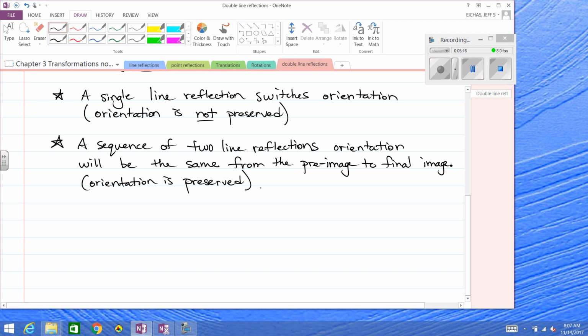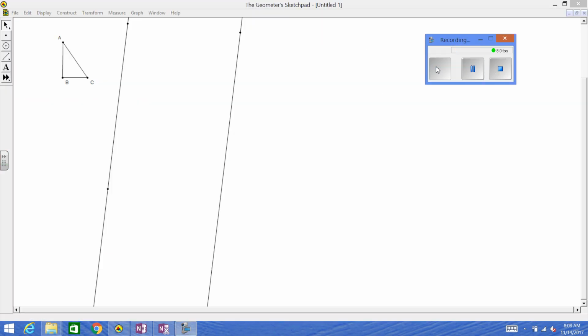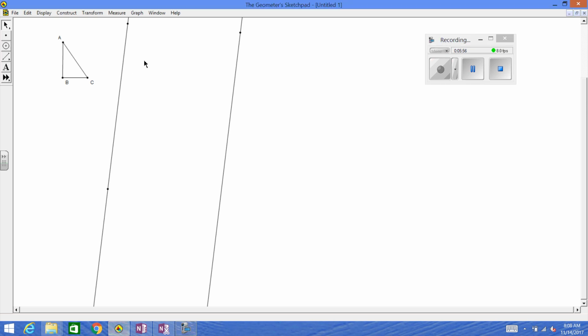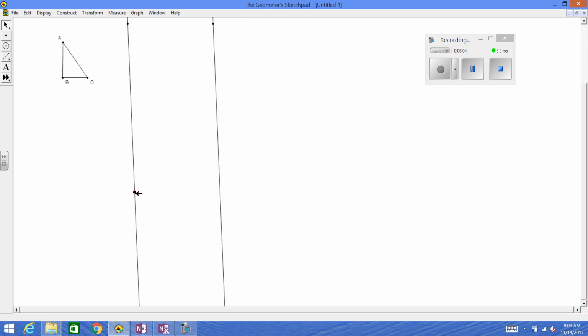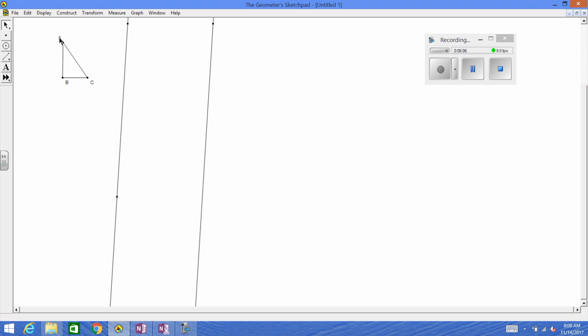So we're going to go through some different things and see how that actually plays out, and we're going to use Geometry Sketchpad to demonstrate. I set up this Geometry Sketchpad demo, and what I've done is I've created parallel lines. Those are going to be the two lines that we reflect this figure over. This is going to be our pre-image.